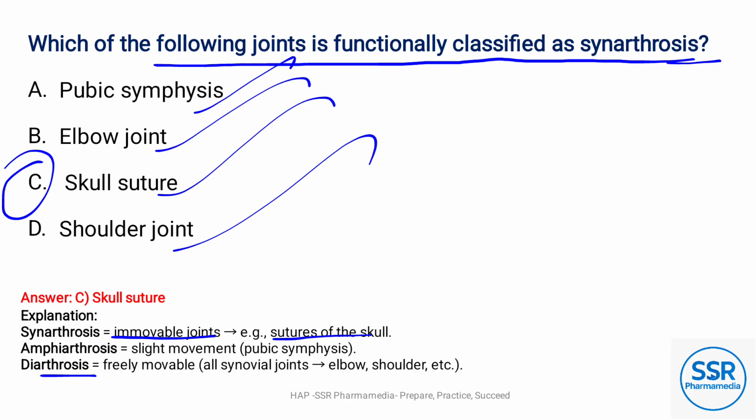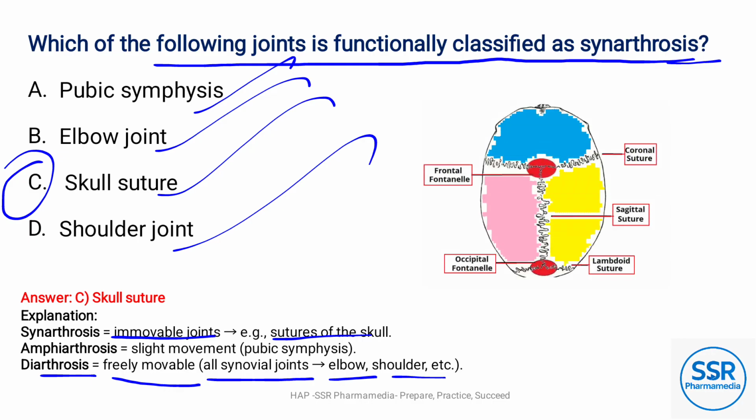Diarthrosis is a freely movable joint. All synovial joints contain synovial fluid, for example the elbow and shoulder joints. If you see this skull joint, these are all synarthrosis, immovable joints.